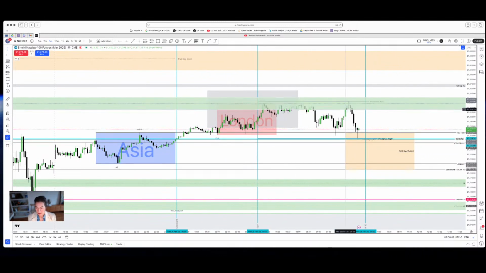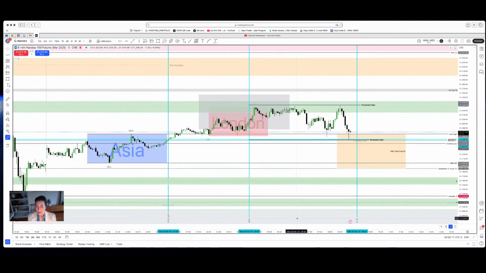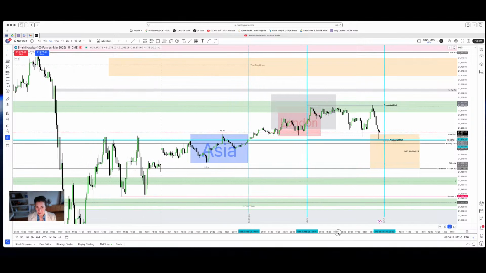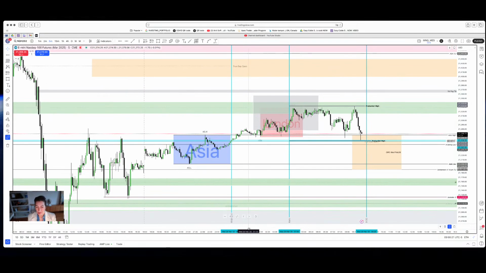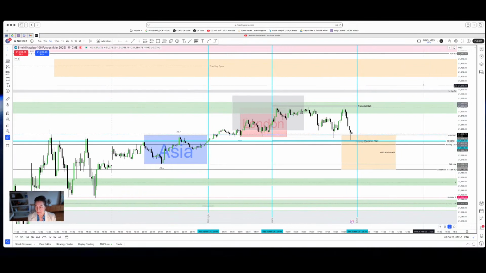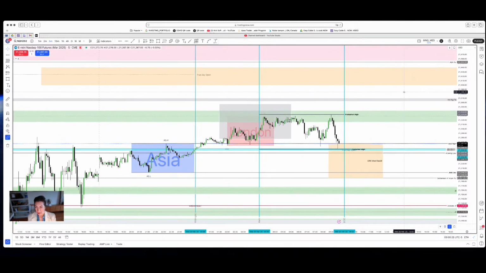We have come up and swept London early this morning. We swept London again at 8:30. Market on the higher time frame overall is bearish, although we had an uptick overnight, so something to be aware of. Let's put our London high and low.